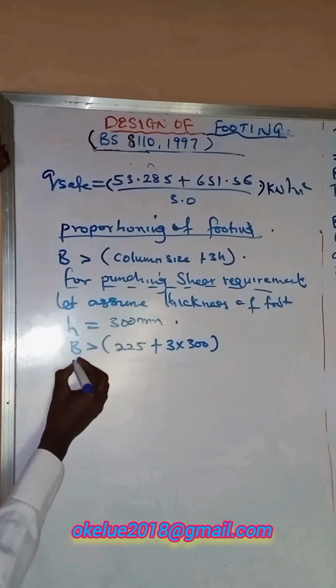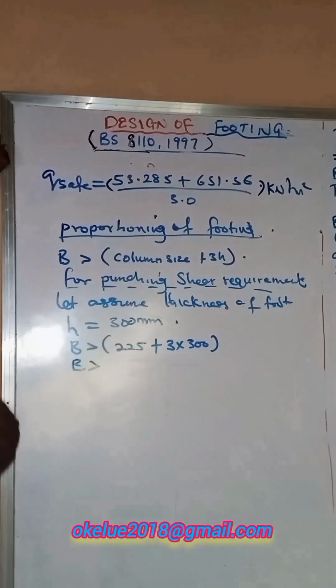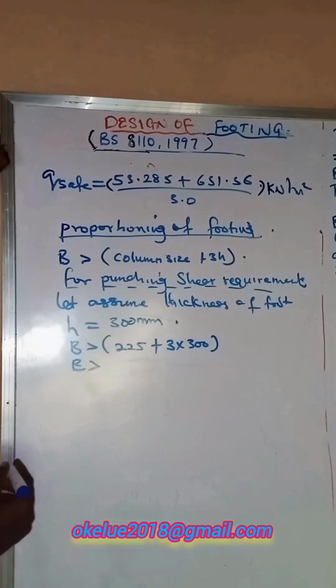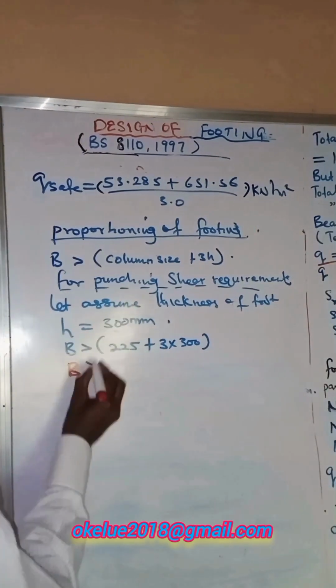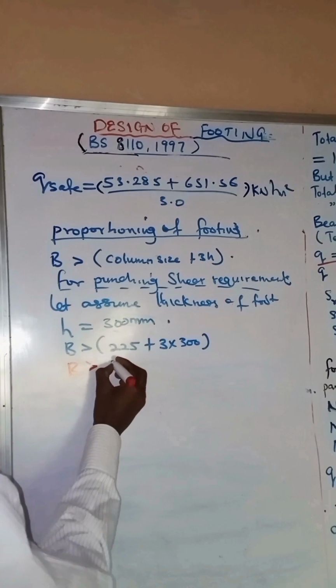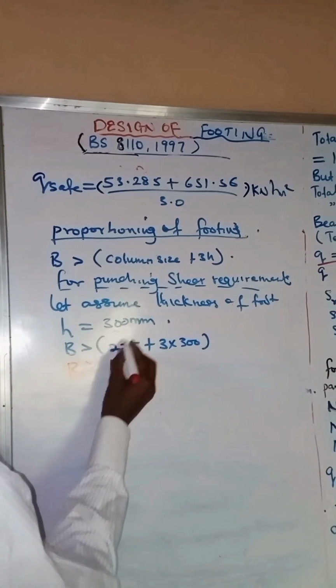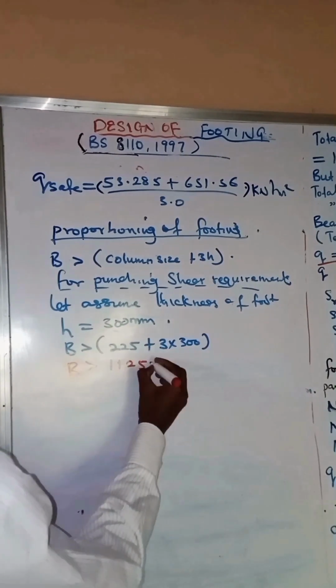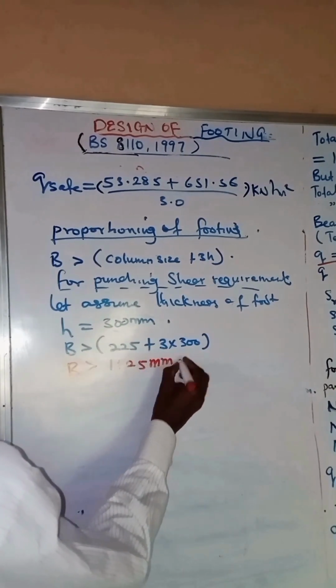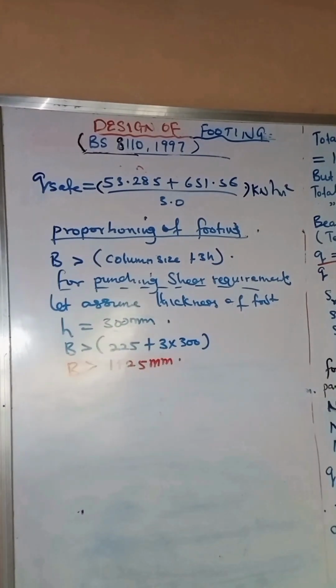So what we are saying is that the breadth of our footing, this becomes 900, and the punching shear B, our breadth, becomes 1125 millimeter as our value there.